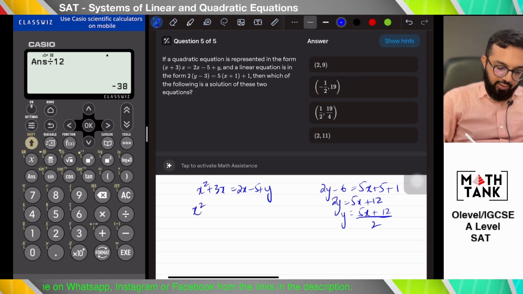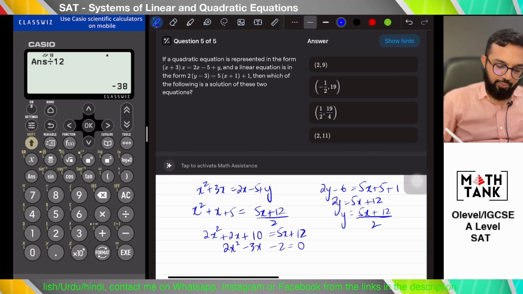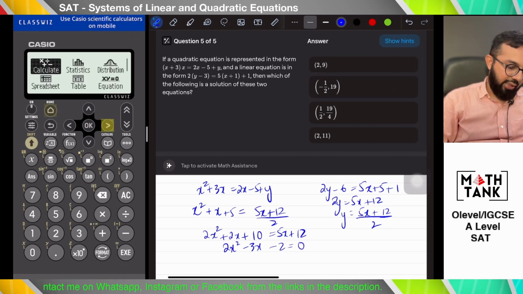So x squared plus x plus 5 equals 5x plus 12 divided by 2. So 2x squared plus 2x plus 10 equals 5x plus 12, 2x squared minus 3x minus 2. Solve that quickly on our calculators.